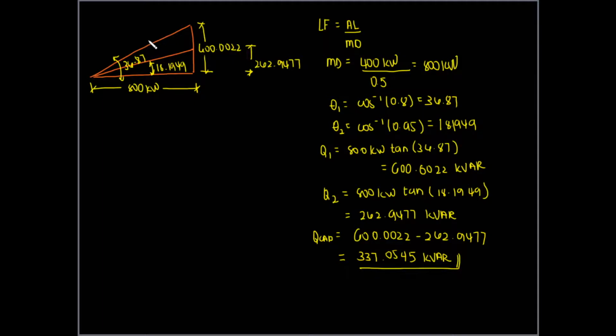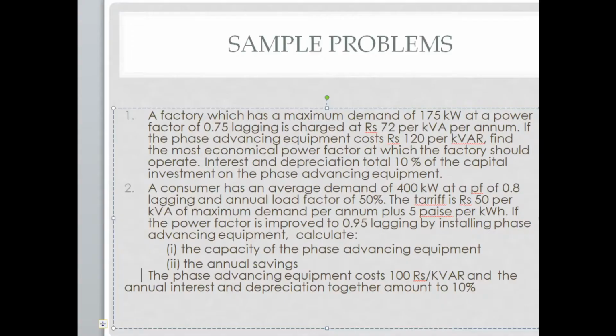So, cut the story short, power factor correction also decreased the kVA. And that only means one thing, savings, because since we've solved everything in maximum demand terms, the tariff is actually based on the kVA of the maximum demand. So 50 rupees per kVA. So if the kVA decreased, then the tariff also decreased.